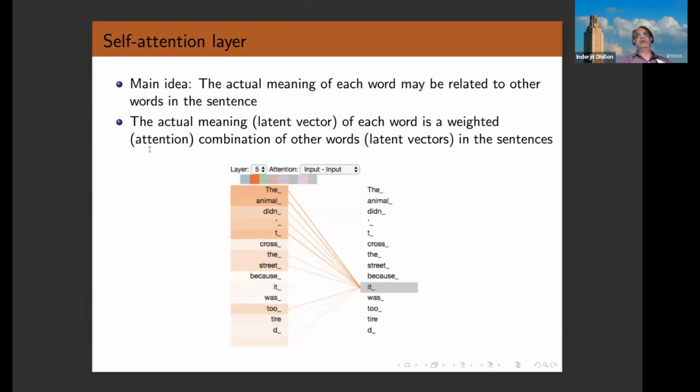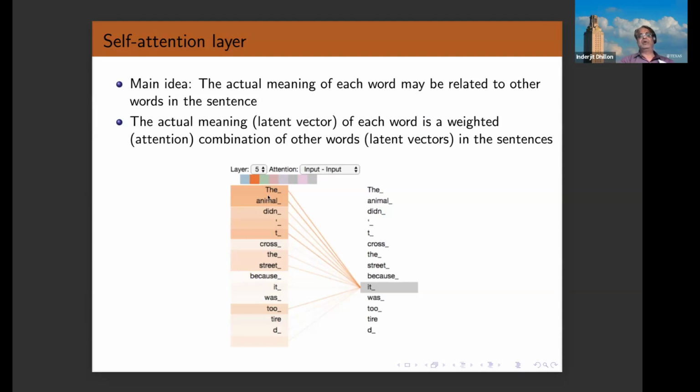So the whole idea is that if you're computing the latent vector for each word, you would compute it as a weighted combination, computed through the attention mechanism, of other latent words in the sentence. In the earlier case, we had seen the context of encoder-decoder. This is self-attention.